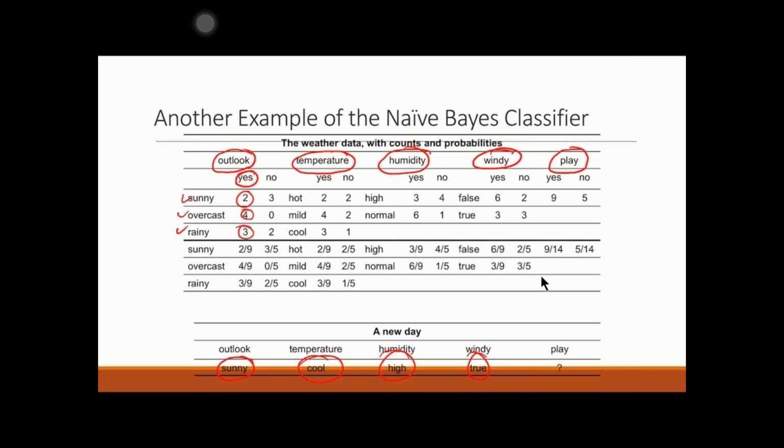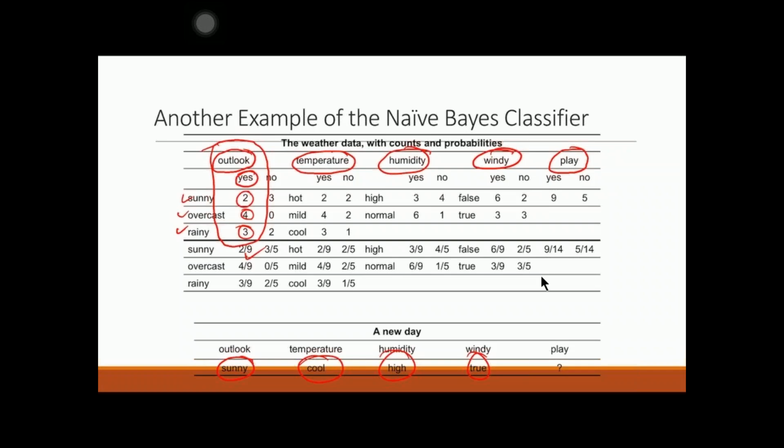Understand this very slowly: what is the probability of the outlook being sunny when children came out to play? Just see this row, nothing else. 2 by 9. Perfect. 2 by 9.